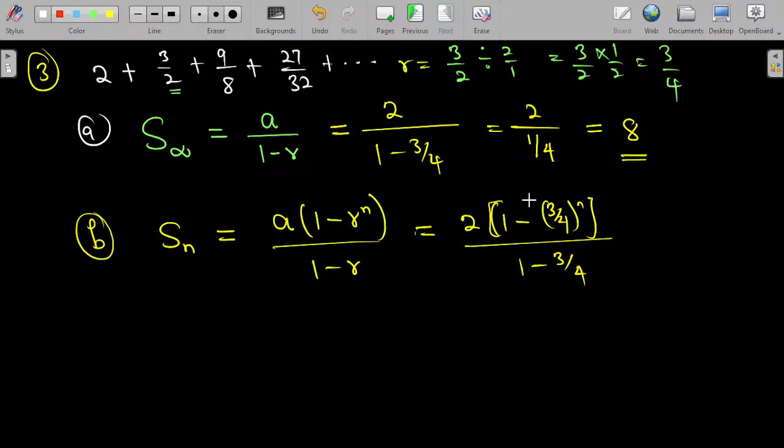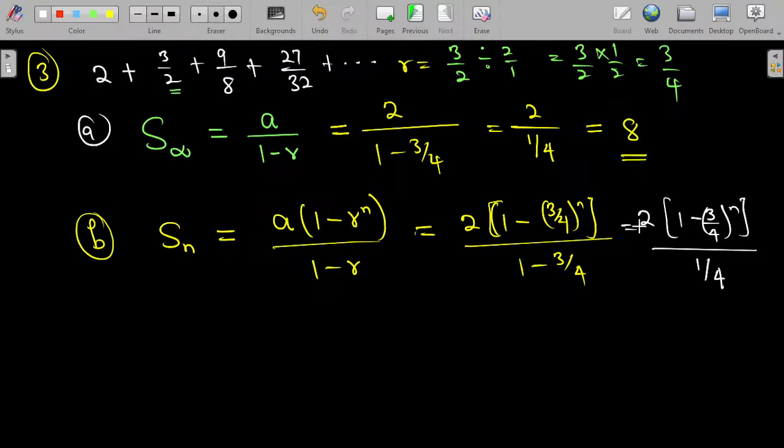If you do this subtraction, you are going to have 2 into, let's still leave this the way it is and see what that is going to give us, 1 minus 3 over 4 raised to power of n. Then all over, if you subtract this, you get 1 over 4.